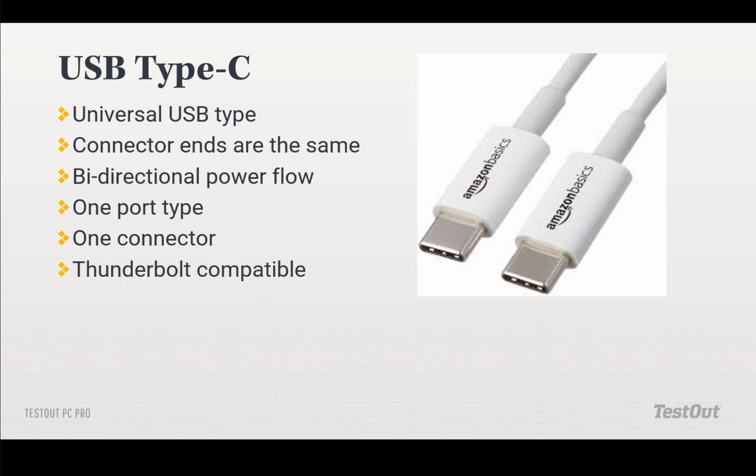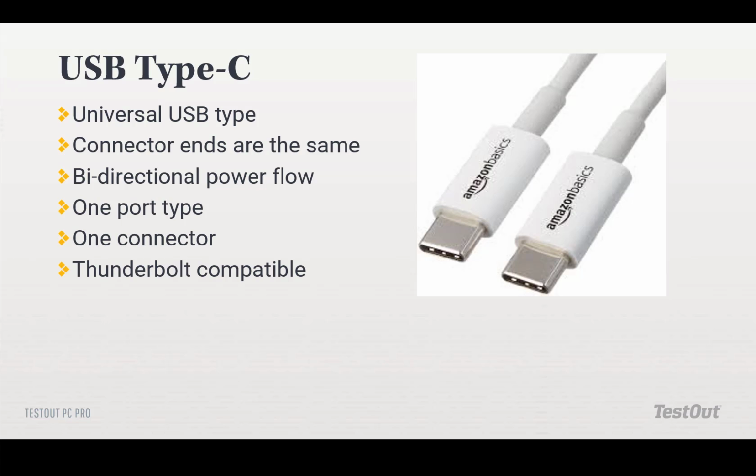And so here's our USB Type-C. In 2014, they published the USB Type-C specification. Its main goal was to create a universal USB type so nobody had to own those 100 different types of cables. Type-C is simpler than previous types.